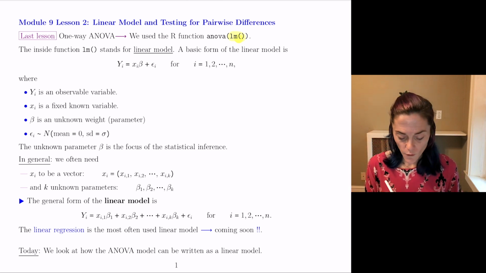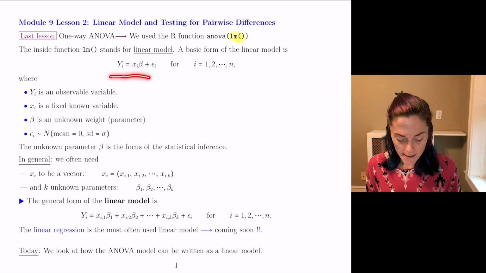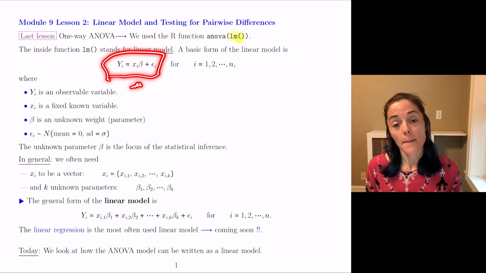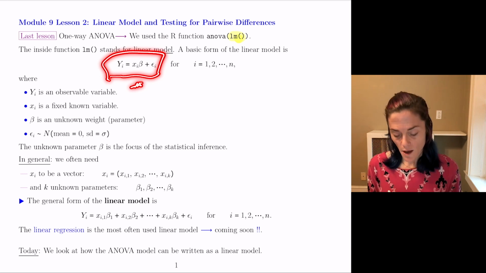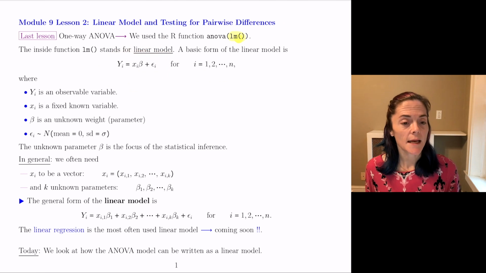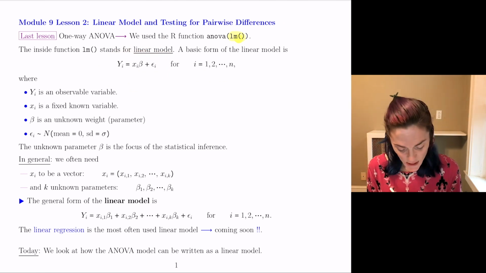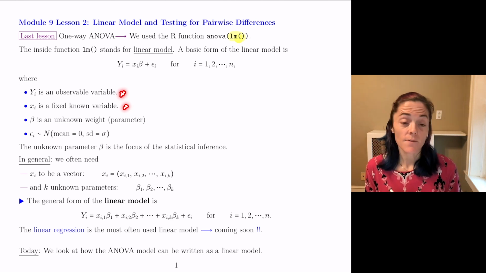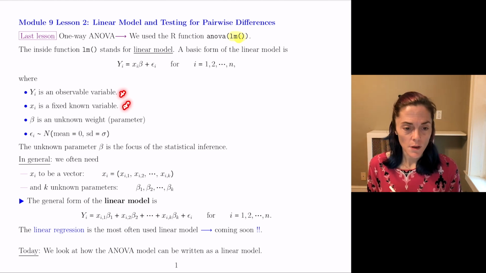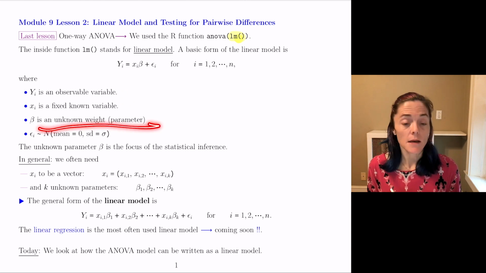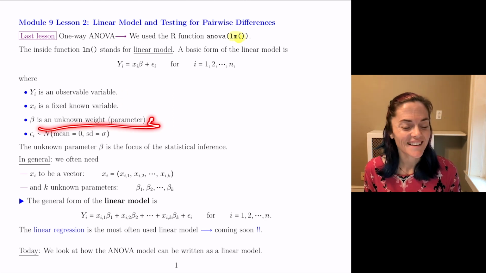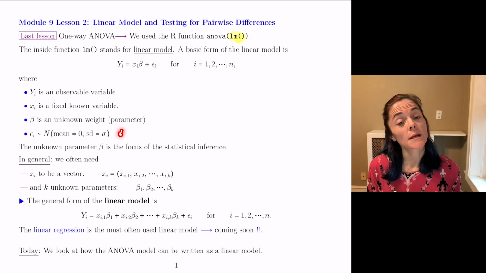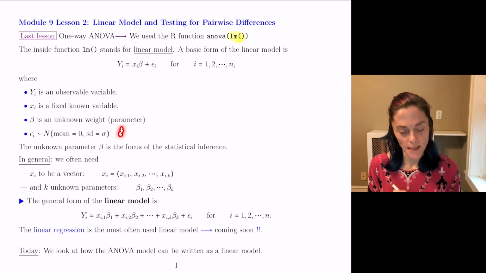Okay, the basic form of a linear model is like this. Y_i = x_i beta + epsilon_i for i from 1 to n, where this Y_i is an observable variable, x_i is a fixed known variable, this beta is an unknown parameter, and then epsilon_i is from the normal distribution, mean zero, standard deviation sigma.